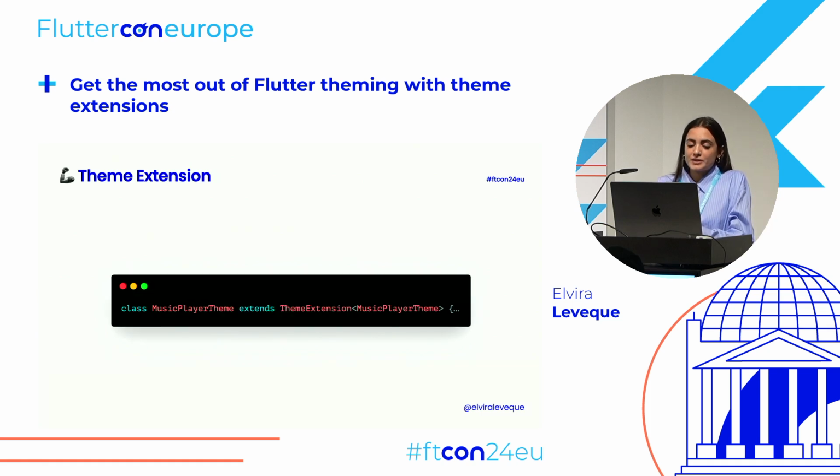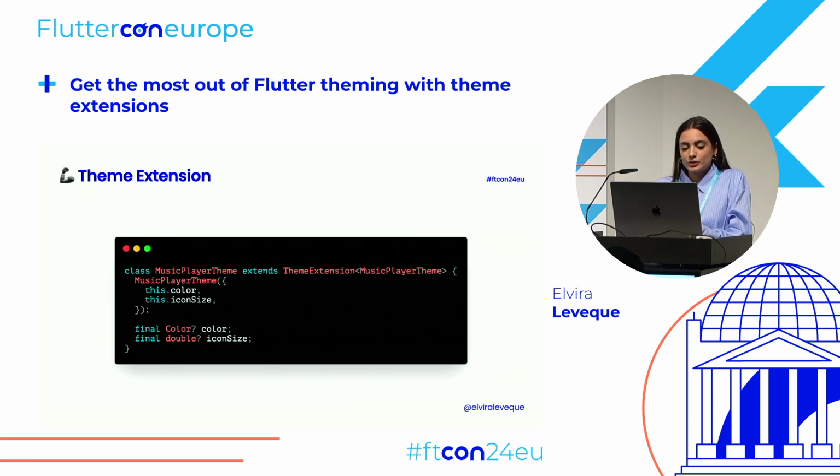So to do that, first thing, you define your class to represent the theme. And this time it will extend the theme extension interface with itself as generic type. And what you will need inside this class will just be the properties that you want to use to style your widgets.